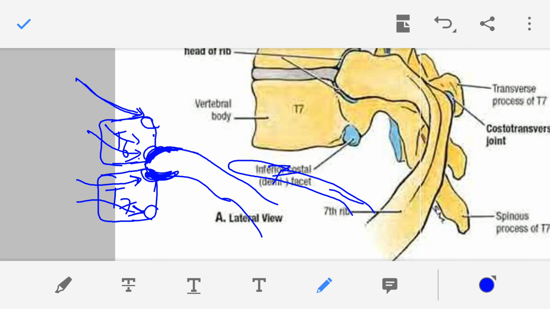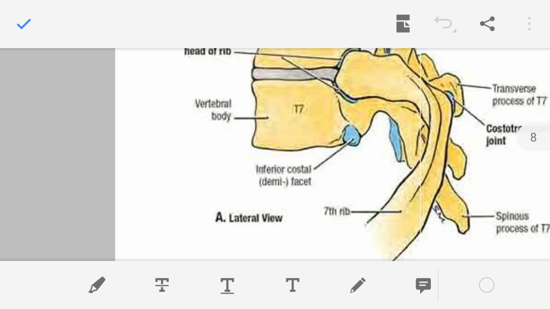So this inferior articular facet fits into the superior demifacet of T7, and the superior articular facet of the 7th rib fits into the inferior demifacet of T6.